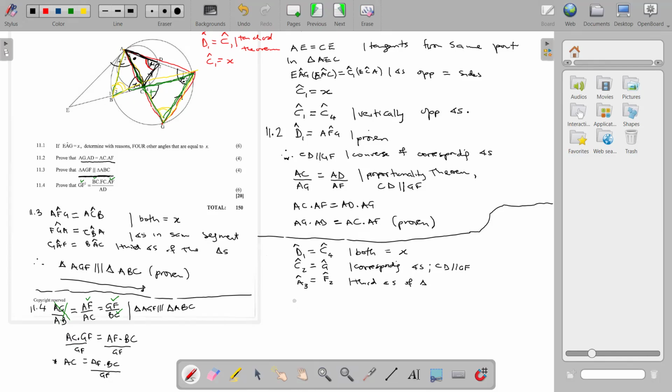Then from there, we can conclude that triangle DCA is similar to triangle CGF.